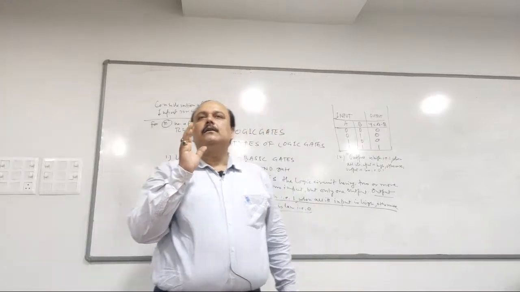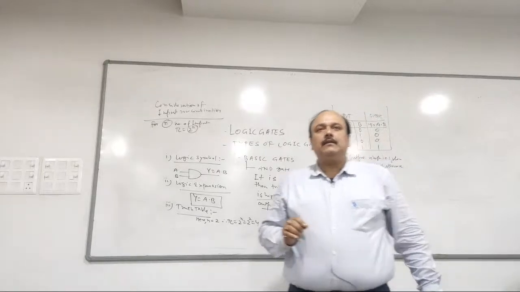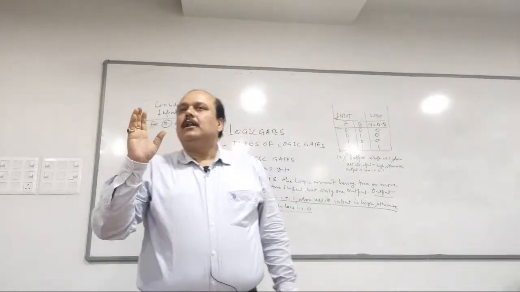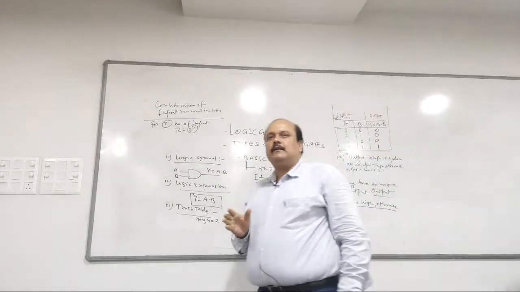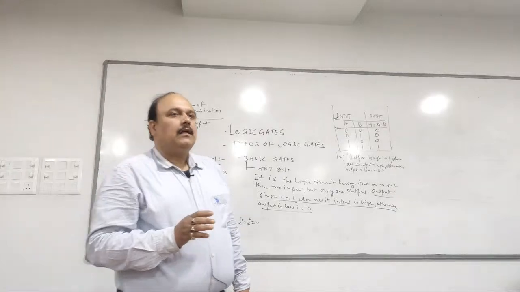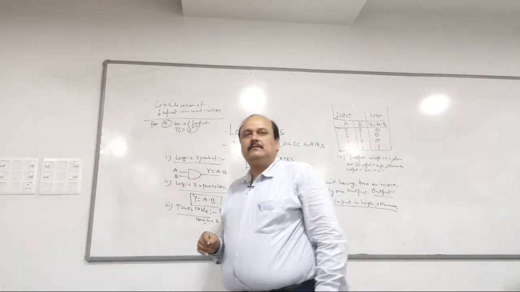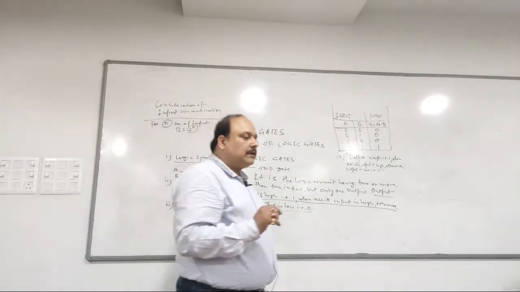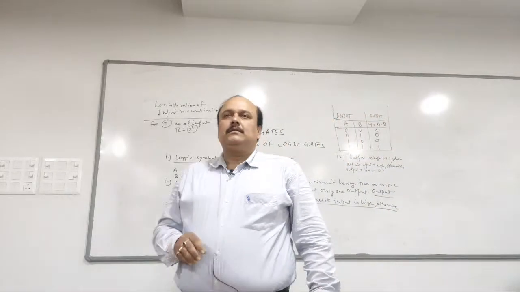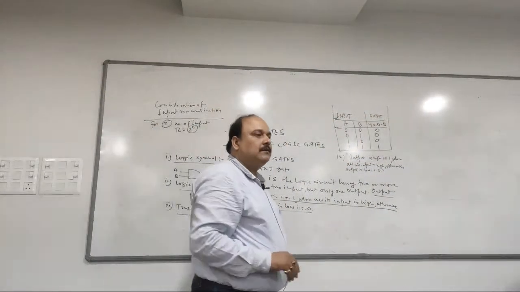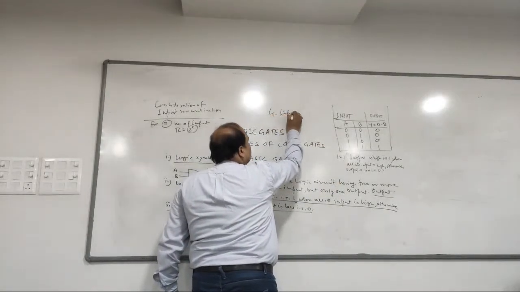Note down the question. Give the logic symbol, logic expression, and design the truth table for 4 input AND gate.